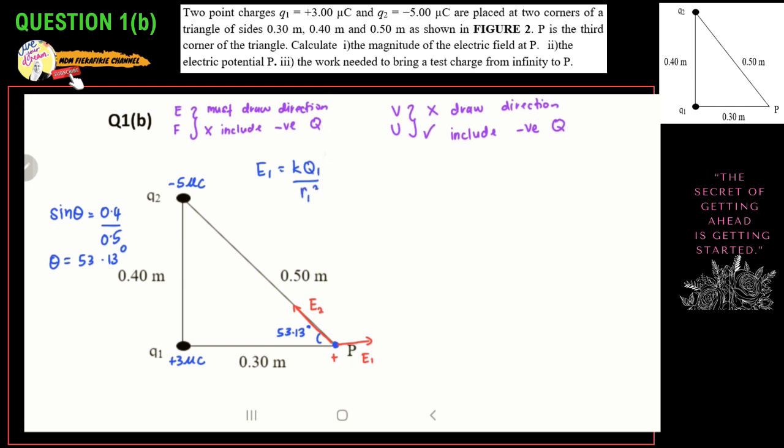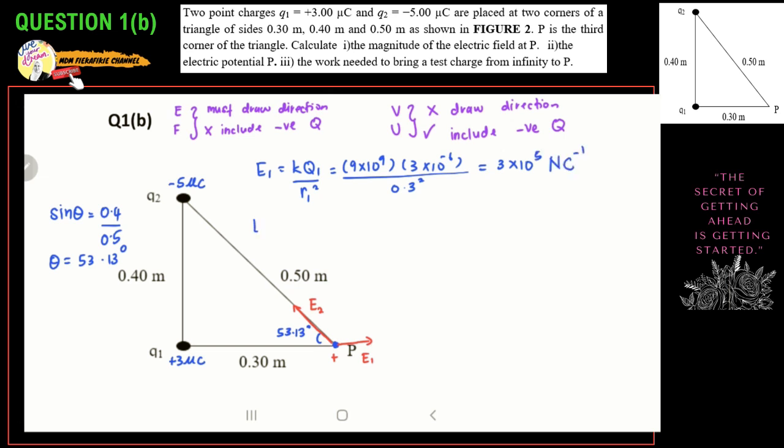Substitute the values: k is 9 times 10 to the 9, times 3 times 10 to the minus 6 for Q1, and the distance r1 from point P to Q1 is 0.3 meter. Press the calculator; practice pressing the calculator, not only in the exam. So E1 is 3 times 10 to the 5 Newton per coulomb.